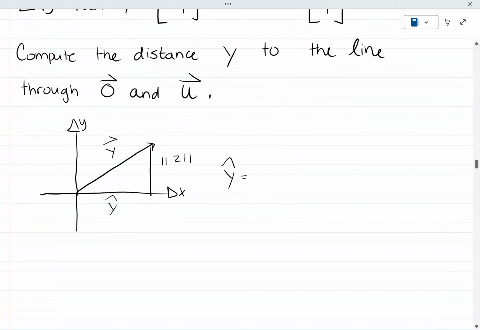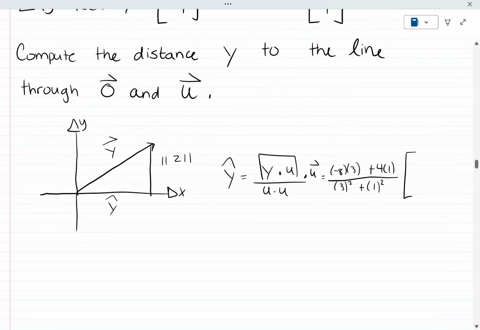Y hat is the dot product of y and u over u dot u, times vector u. So that's -8 times 3 plus 4 times 1, all over 3 squared plus 1 squared, and then times vector u, which is 3 and 1.